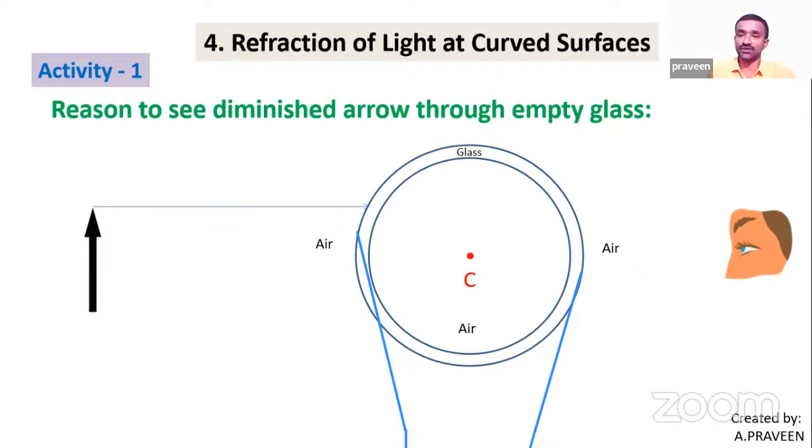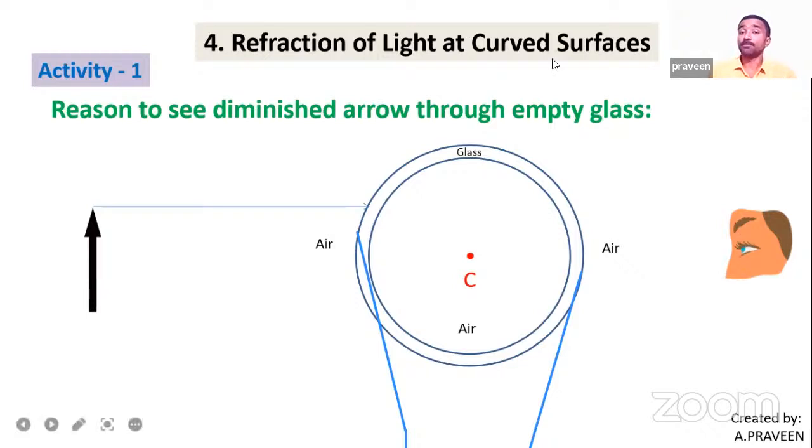Curved surface. Then we know what happens when the light ray reaches the interface. What happens to that light ray when it reaches the curved surface? It bends. That bending is also observed towards the normal or away from the normal.